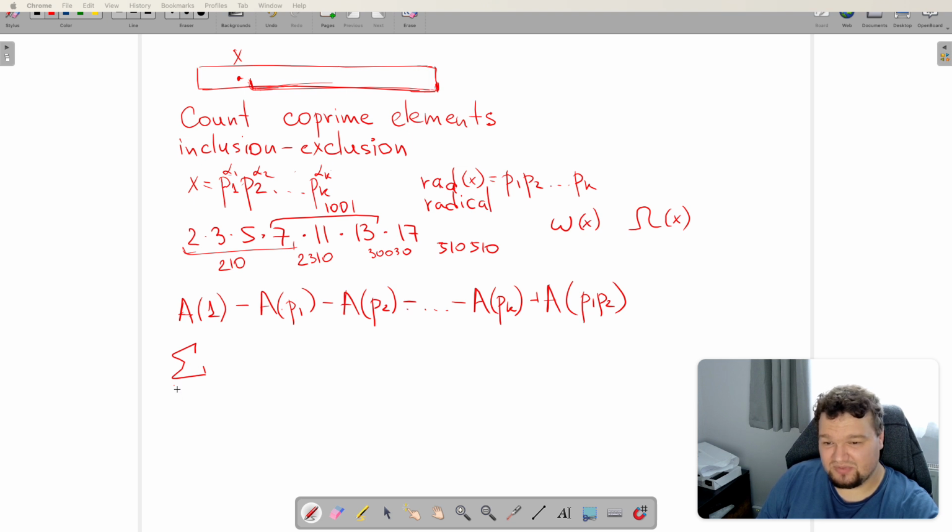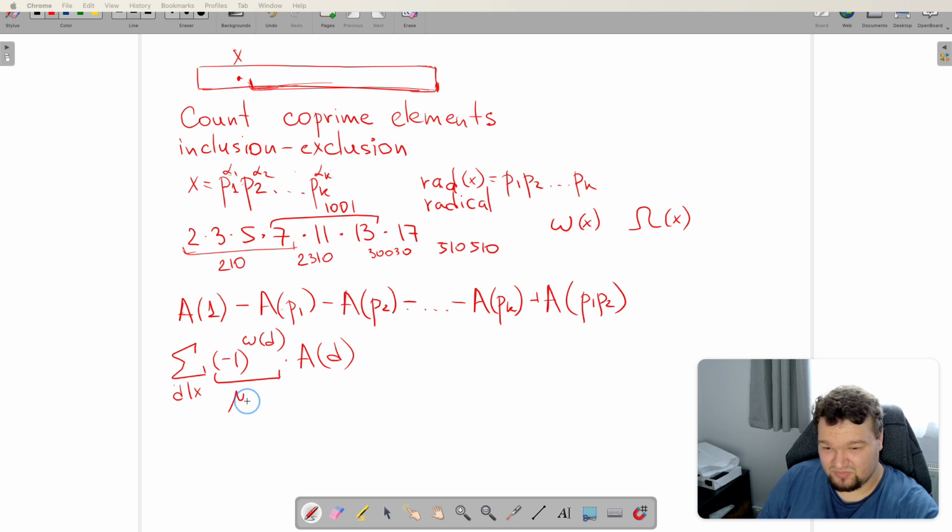So basically it will be the sum over all divisors d of x of minus 1 to the power of omega of this divisor times the number of elements that are divisible by this.